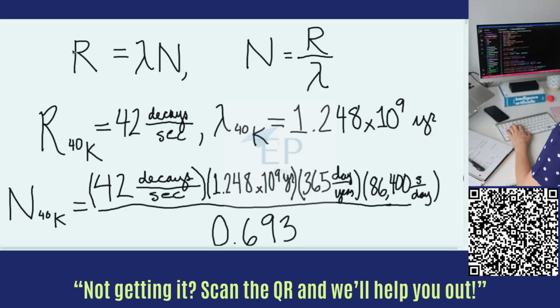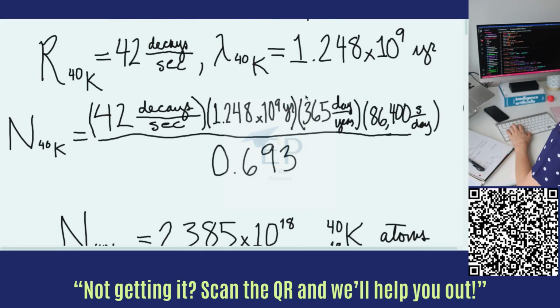We know that decay rate is equal to the product of the decay constant times the amount of substance in terms of number of nuclei n. Dividing both sides by the decay constant, we realize that we can find the number of potassium-40 nuclei from the decay rate given the decay constant that we just looked up from Appendix B.